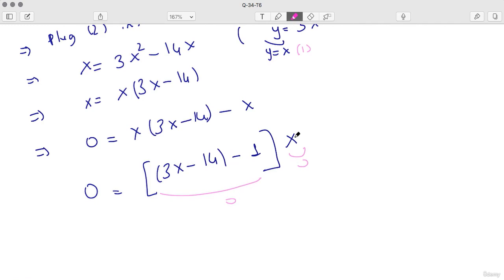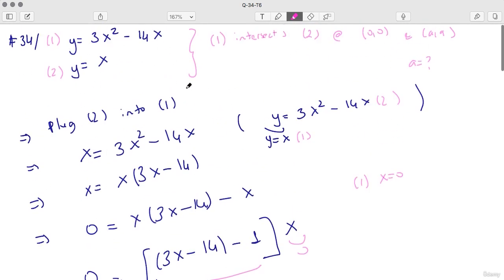So let's say x is 0 for this. Then one solution is x is 0. If x is 0, then y equals 0 by equation 2. First solution, x is 0.